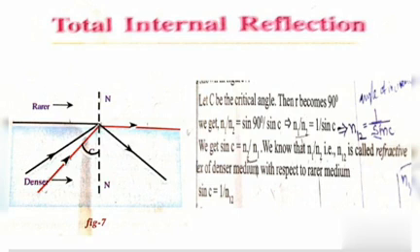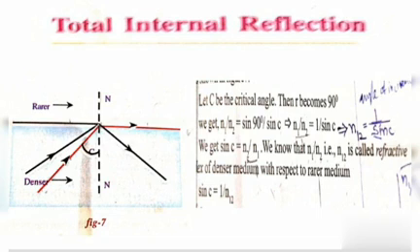So n1 by n2 equals sin 90 by sin C, and sin 90 equals 1. Substituting 1 in place of sin 90, we get 1 by sin C. So from this equation what will come?